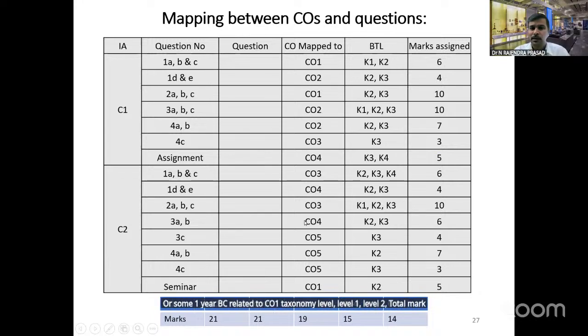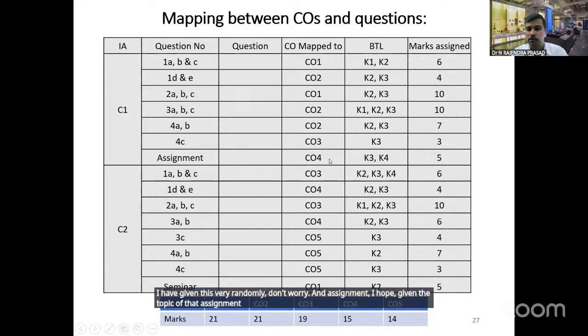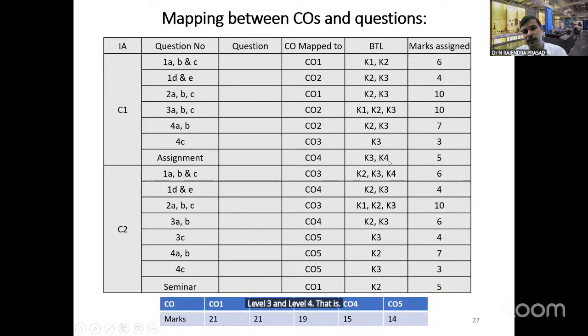I have given this very randomly, don't worry. The assignment topic was related to CO4 of a particular course. The taxonomy levels were level 3 and level 4, that is, apply and analyze.